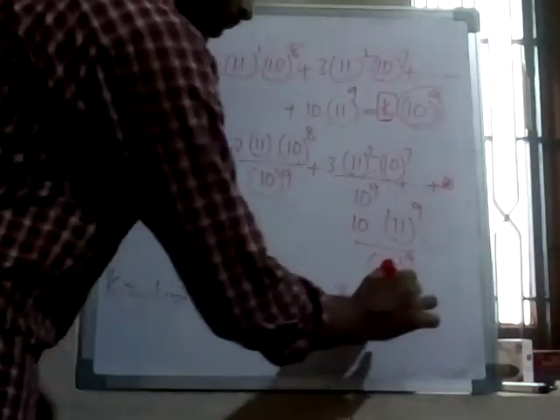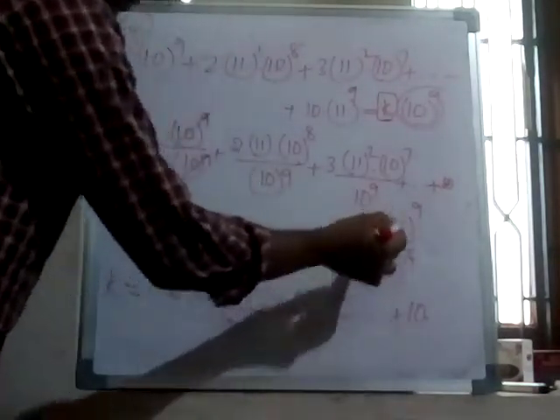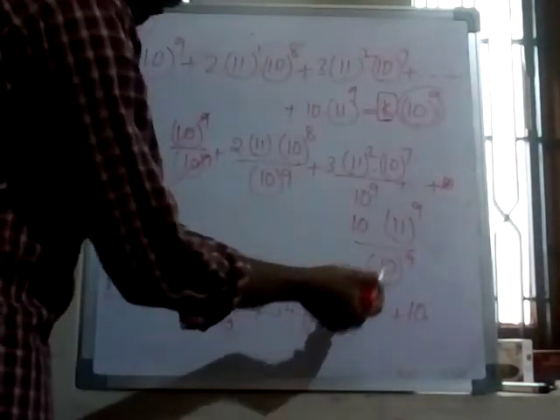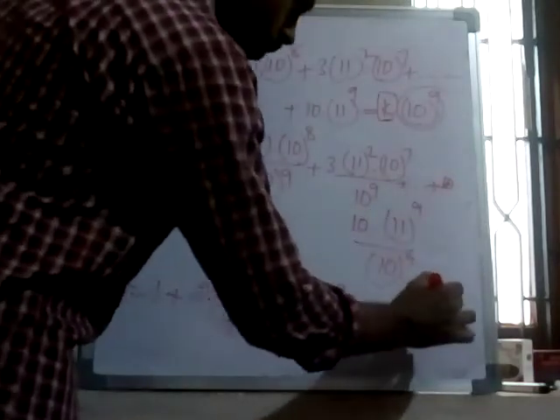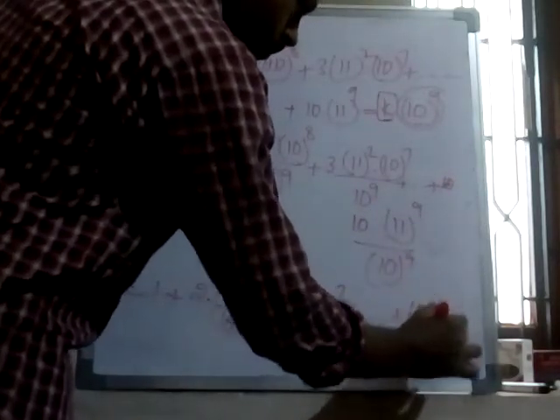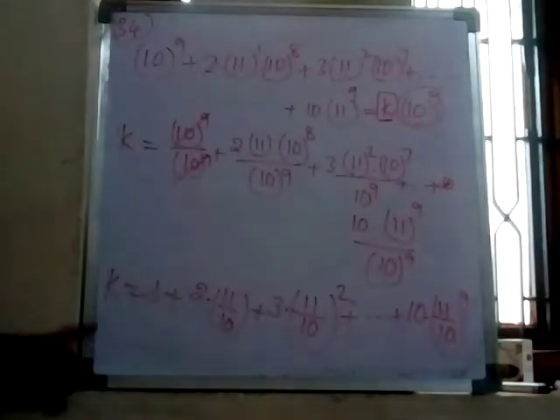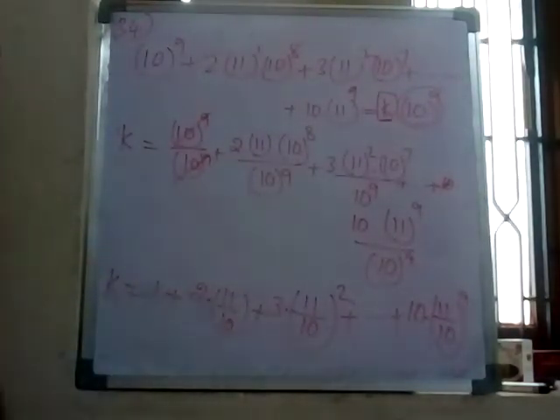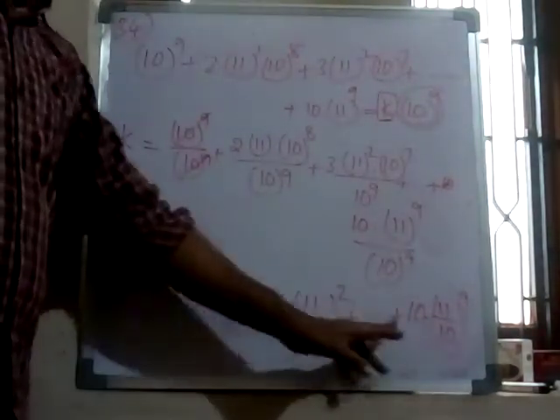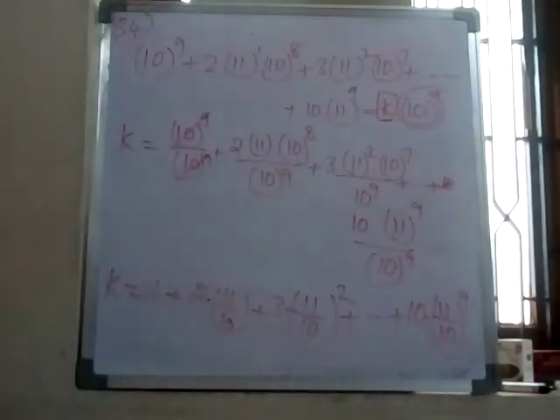What is the last one? 10 into, here multiply with 11 by 10, so 11 by 10 all to the power of 9. Like this, we clearly get k is equal to 1 plus 2 into 11 by 10 plus 3 into 11 by 10 whole square, so on, 10 into 11 by 10 all to the power of 9.